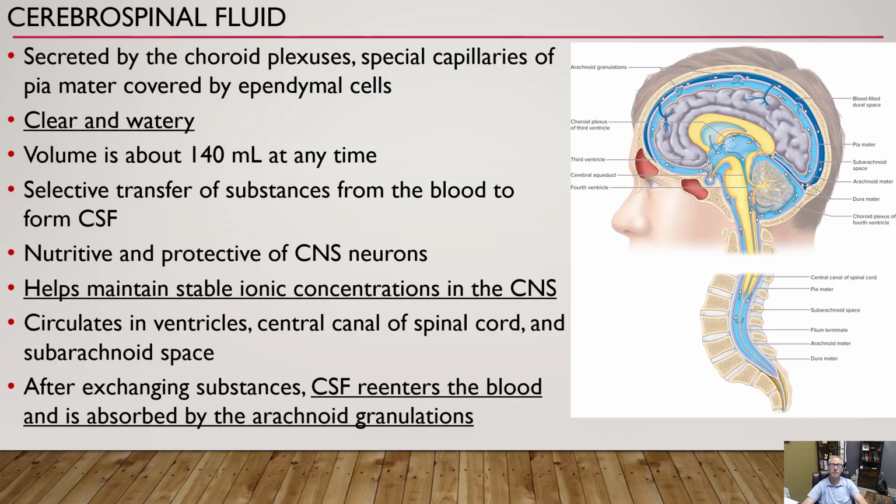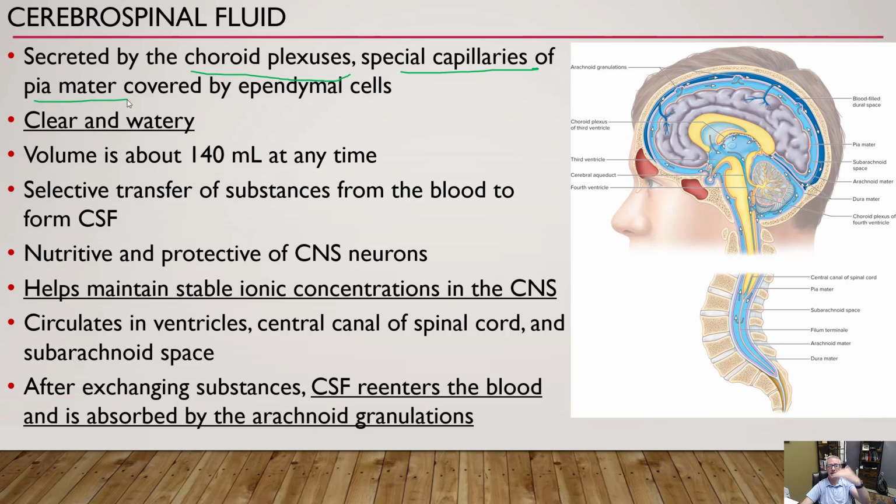All right, so cerebral spinal fluid. Like I said, it's secreted by this structure called the choroid plexus, singular, or choroid plexuses, which would be plural. And basically, these are essentially capillaries of the pia mater.